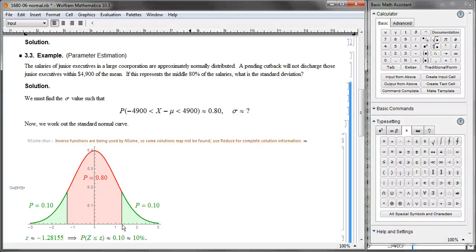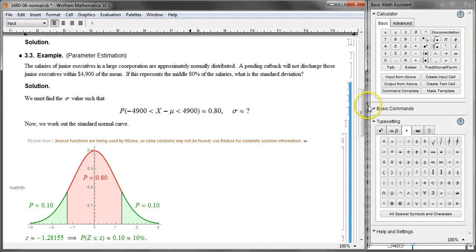Okay, and then this one corresponds to mean minus 4,900. Thus that one corresponds to mean plus 4,900. Another way to look at it is x minus mu is negative 4,900 and 4,900.